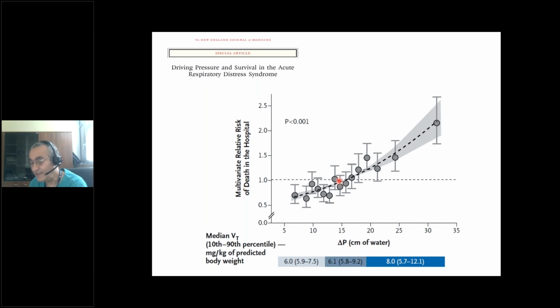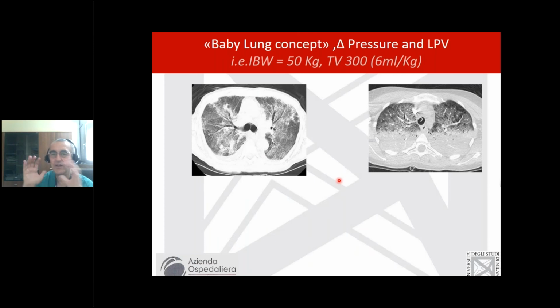So the point is, why is driving pressure better than tidal volume in milliliter per kilogram? Because driving pressure is tailoring, is personalizing the tidal volume, not to the size of the subject, but to the size of the open lung. So it's a bit more intelligent than ml per kilogram.